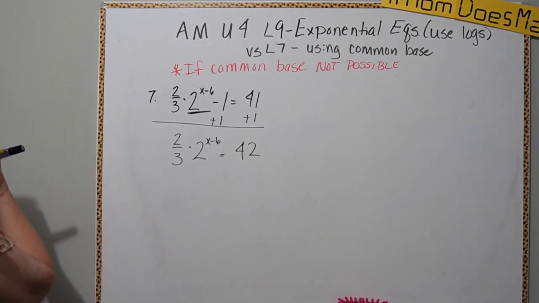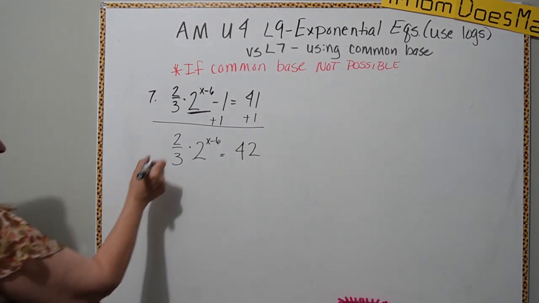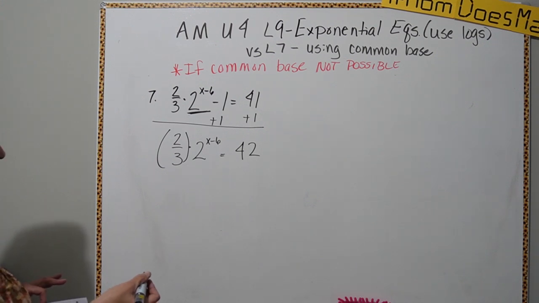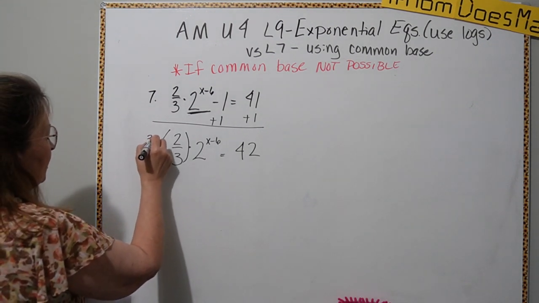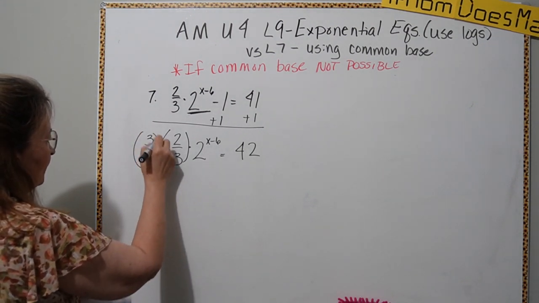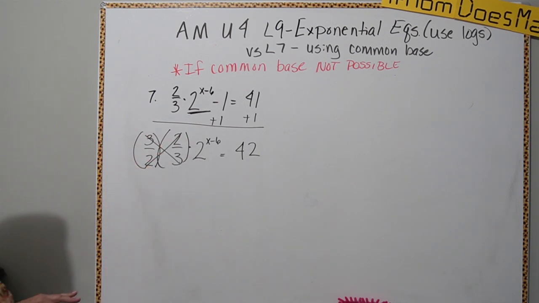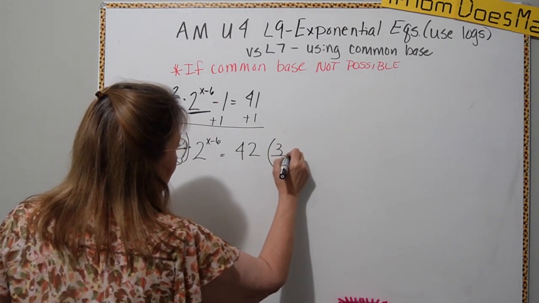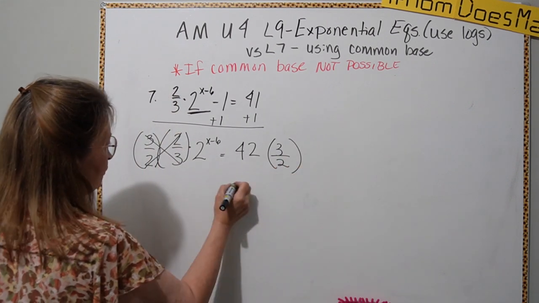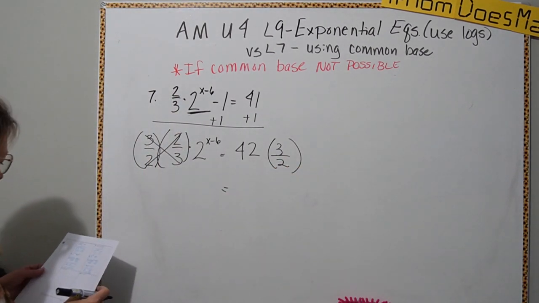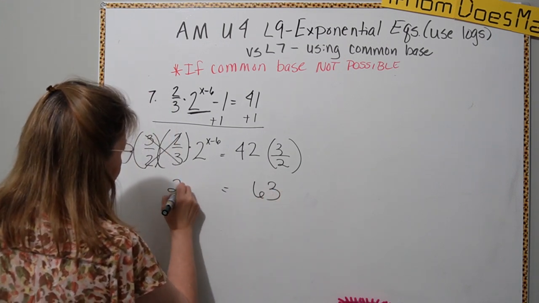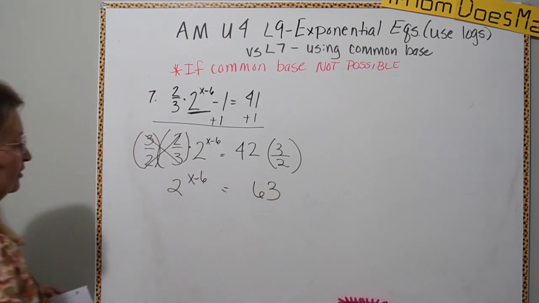All right, now how do we get rid of a fraction? It's multiplied by there. Well, if you'll remember, a fraction times its reciprocal is equal to 1. So if I multiply this side by 3/2, those will cancel out. But whatever I do to one side, I have to do to the other. Now if you multiply 42 by 3/2, that's going to give you 63. And then we have the 2 to the x minus 6 over here.